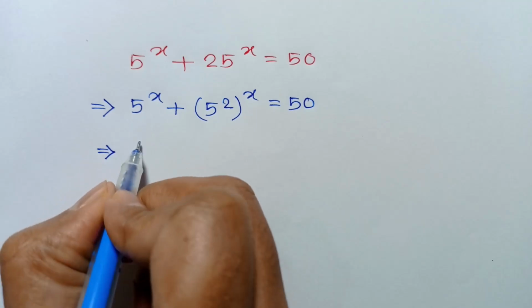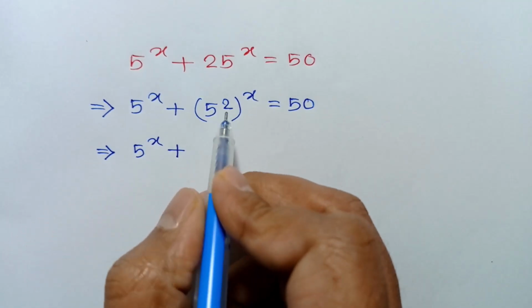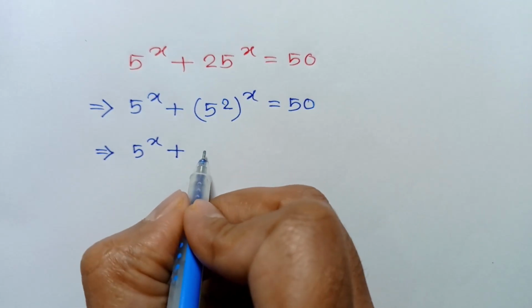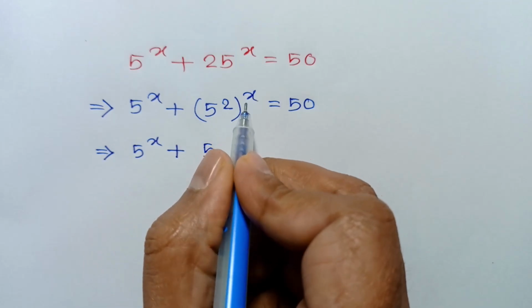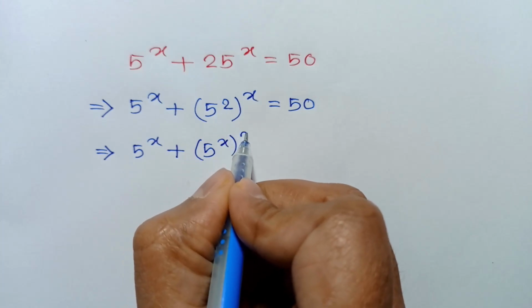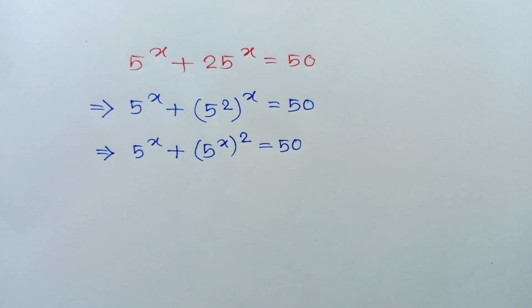So 5 to the power x plus 5 squared whole to the power x can be written as 5 to the power x and whole to the power 2 is equal to 50.